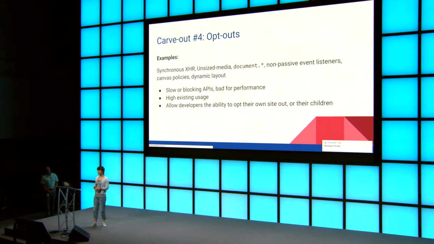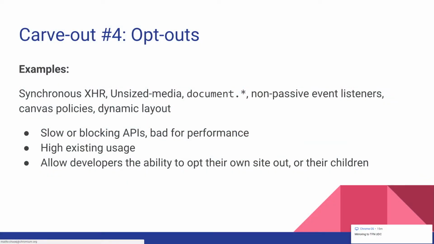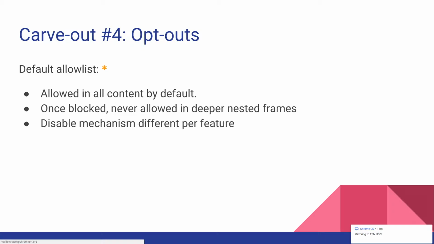Contrary to the powerful new features, there are some very old features or behaviors that are making performance terrible. Because they are used everywhere, we can't just disable them everywhere, because that will break the web. Alternatively, with feature policy, we allow developers to opt out of some bad features on their website and maybe the children of their website.